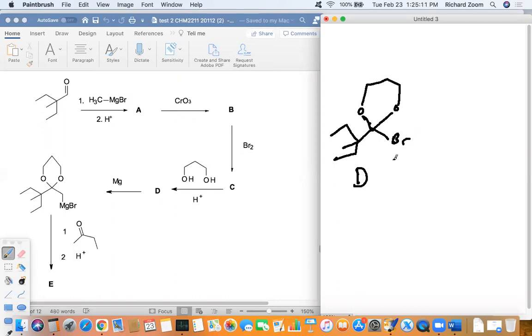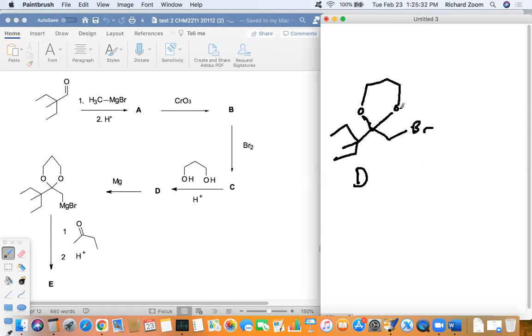That's because all the magnesium does is put an Mg between the C and the Br. Actually, I think I might have skipped out on a C there, didn't I? Let's try that. That's more like it. Yeah, so the Mg goes in between the C and the Br.